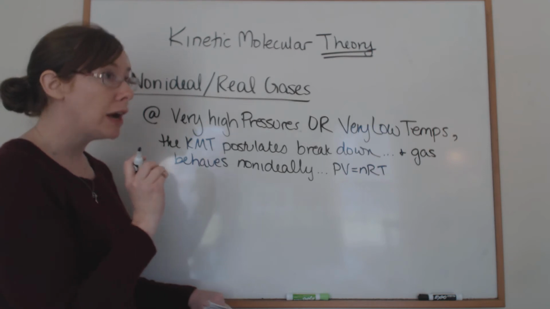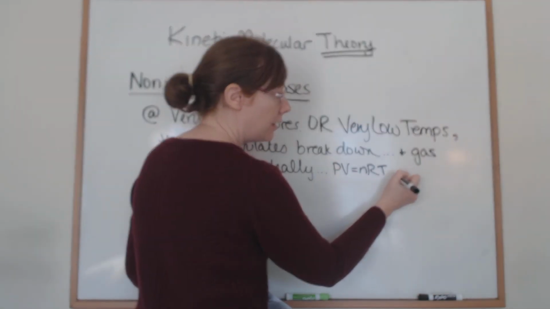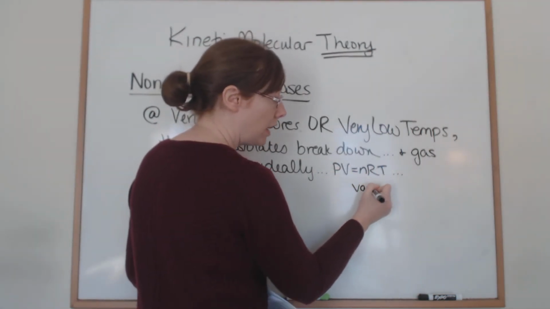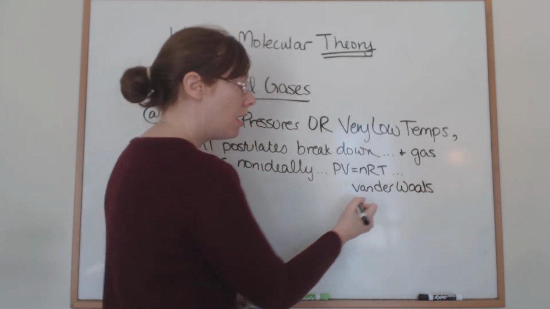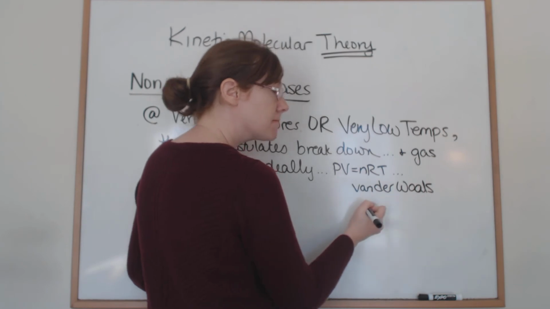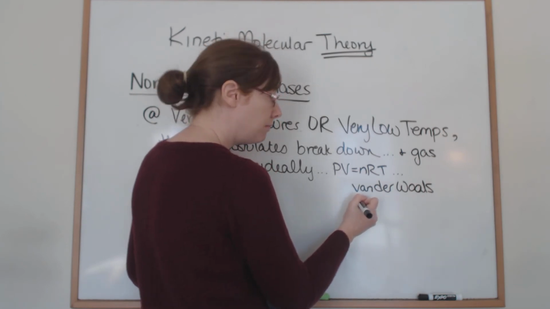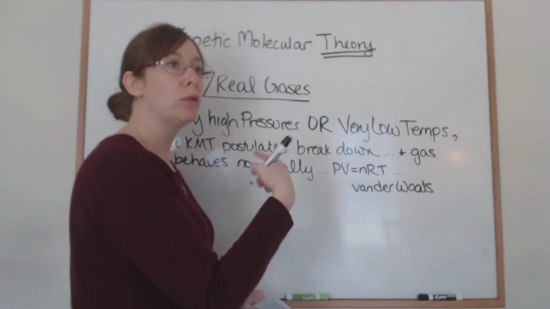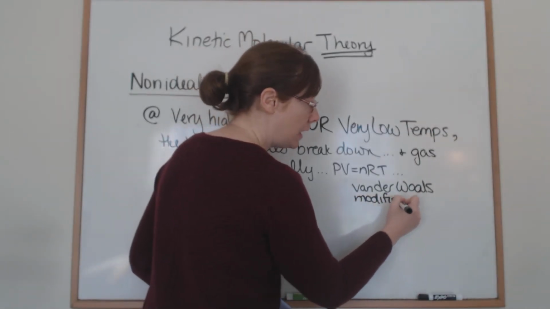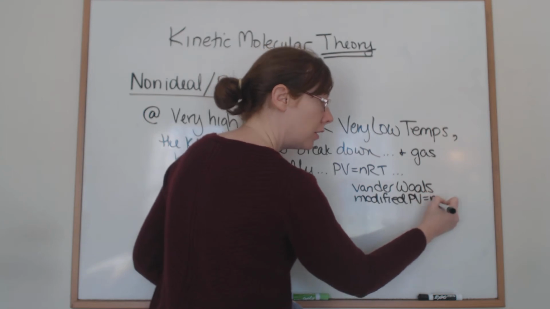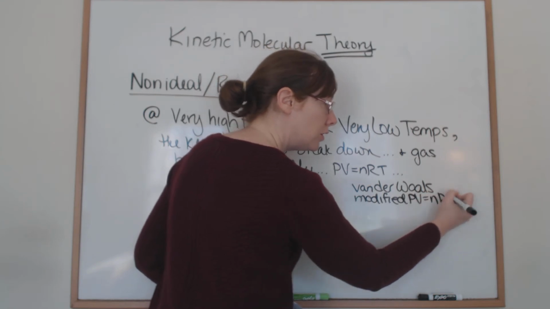Let me just mention right now that there is a man named Johannes van der Waals. I want you to know his name. Van der Waals studied non-ideal or real gases and modified PV equals nRT so that it would work for real gases.